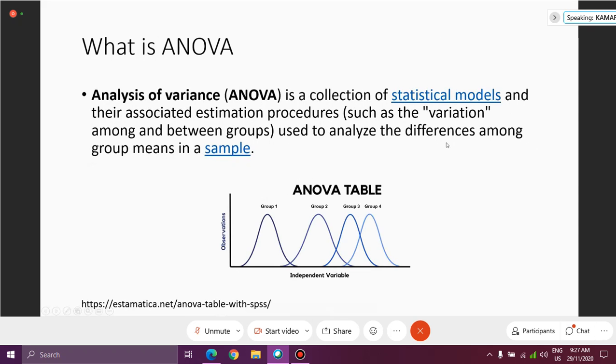For example, here we have 1, 2, 3, 4. So whenever we have 3 or more groups, we do ANOVA. If there are only 2 groups, we do an independent t-test.